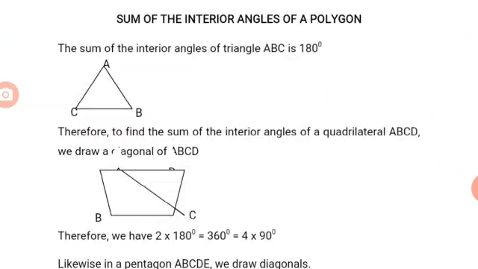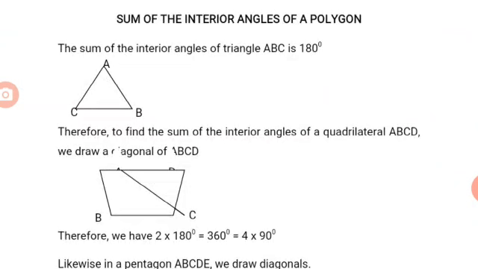We draw diagonals. When we draw diagonals, the number of the diagonals that we draw to form the triangles is what will give us the interior angles. So in the case of this quadrilateral, that is a trapezium here, that has 4 sides, we are going to have 2 triangles there.